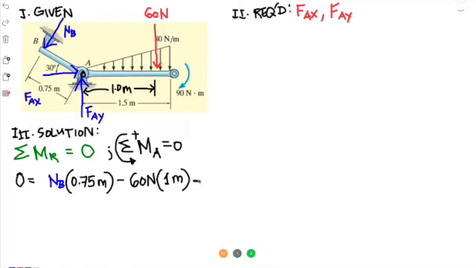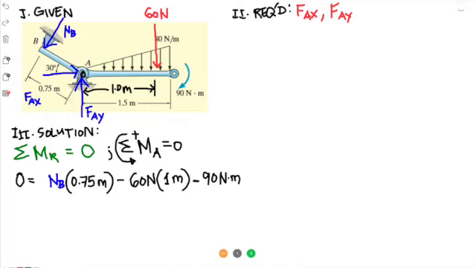Again, the couple moment, as we've learned from our previous lessons, is a free vector. That's why you can just put it anywhere, and you can write it as 90 newton meter, and that is negative since it's clockwise.